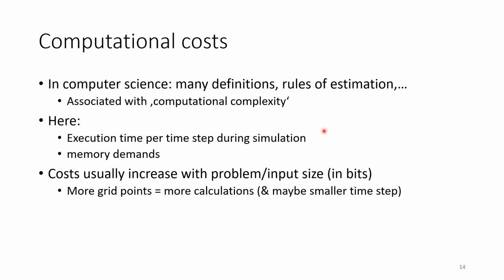And then, as you know from stability and accuracy, if I have more grid points, I have a smaller grid distance, which means I might be required to have a smaller time step, which means I need even more calculations because I have to solve the linear system of equations more often. So this is what I'm summarizing under the term computational costs. And this mainly addresses the hardware side, the CPU and the RAM.